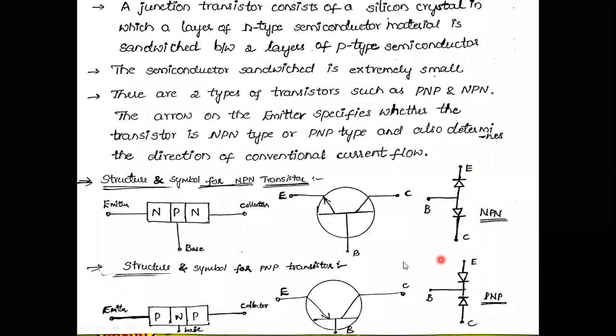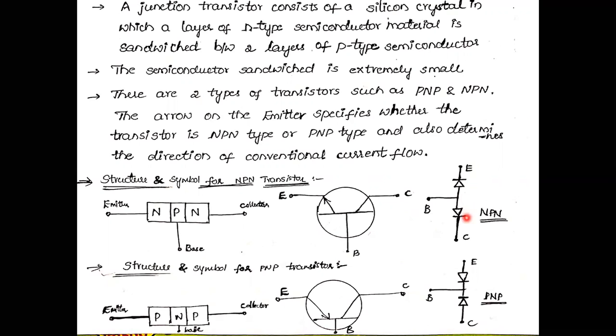The same transistor can be represented with a diode representation. This is the diode representation of a transistor. This is a cathode terminal, anode terminal, and cathode terminal. The cathode terminals are N type semiconductor material, and this is P type.